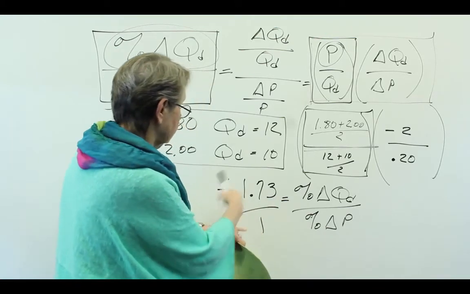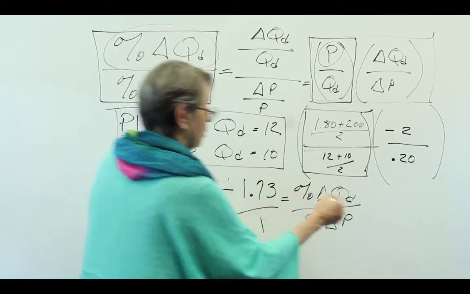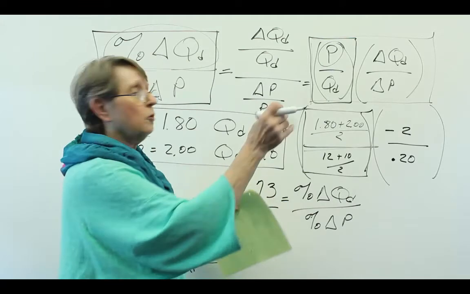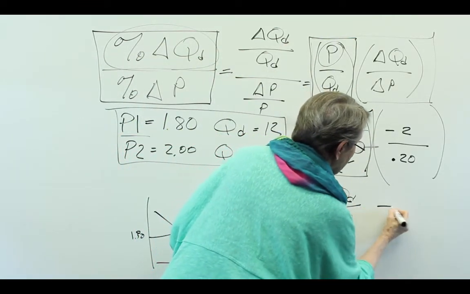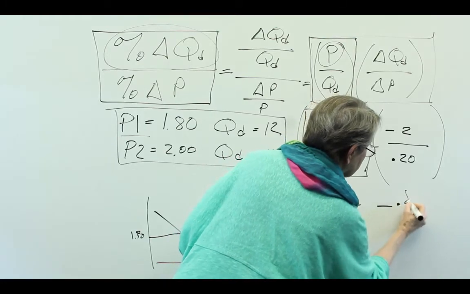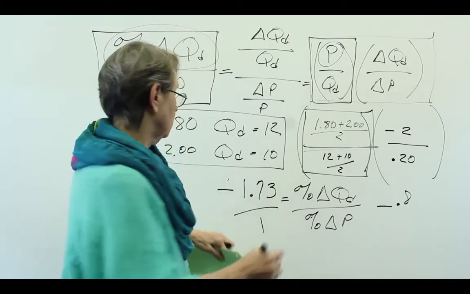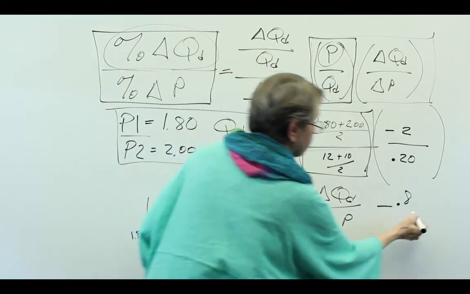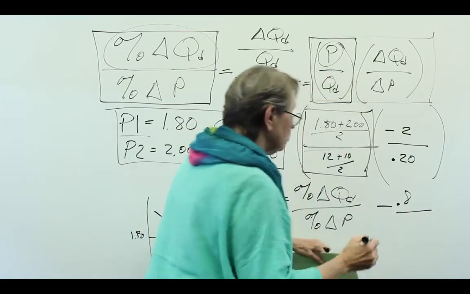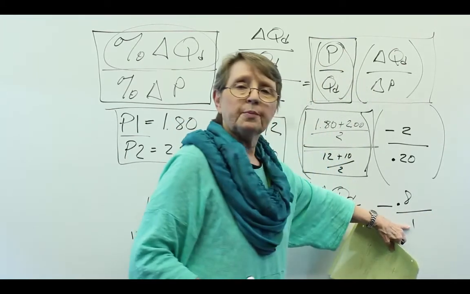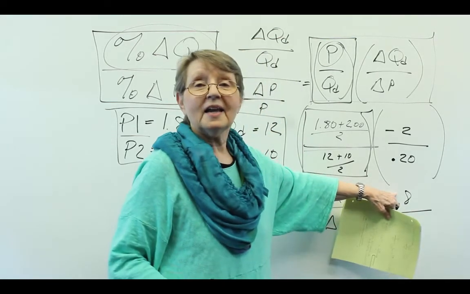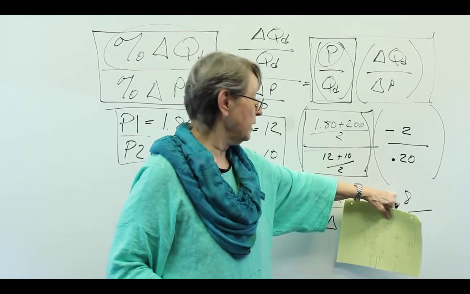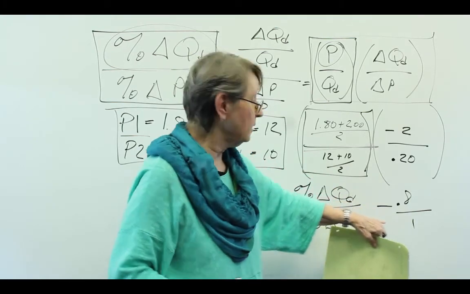What if the number, instead of being minus 1.73, had been different and my measure was minus 0.8? If we'd had different numbers and it came out to be minus 0.8, that would say that a 1% increase in price will lead to a 0.8% decrease in quantity demanded.